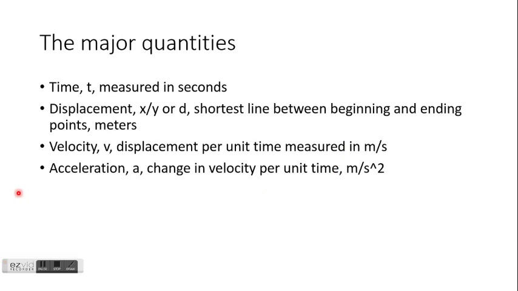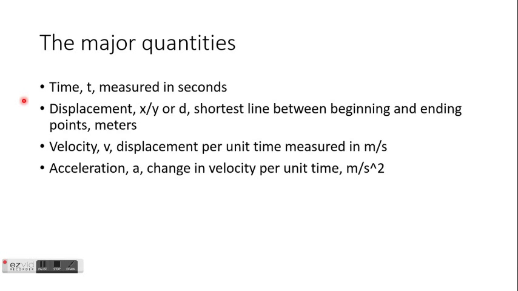There are only four major quantities in kinematics. There is time, which is measured in seconds and usually represented by a t. Displacement, which is not the same thing as distance, and I'll be explaining that in the next slide. It's usually represented as an x or a y, or you might sometimes see it as a d.